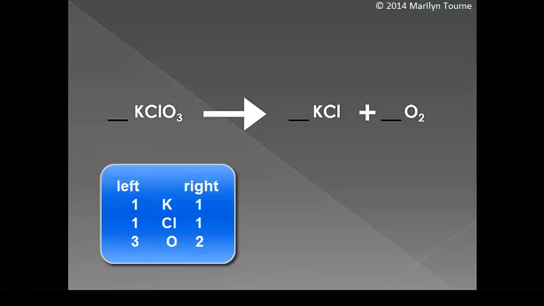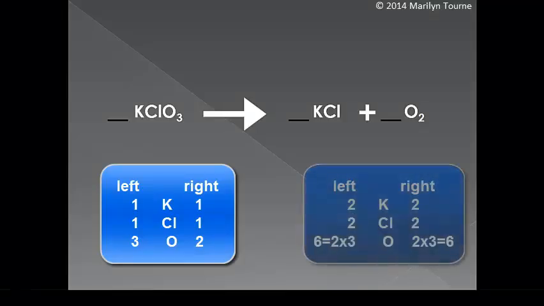So what can I multiply both of those things by to get an equal number of atoms? If I multiply the left by 2, 3 times 2 would give me 6. And then if I multiply the right by 3, 2 times 3 would give me 6.